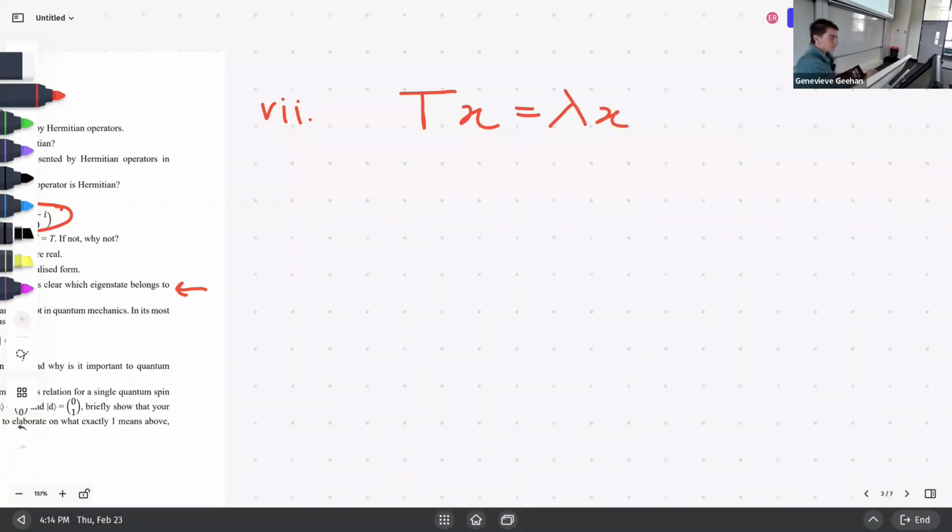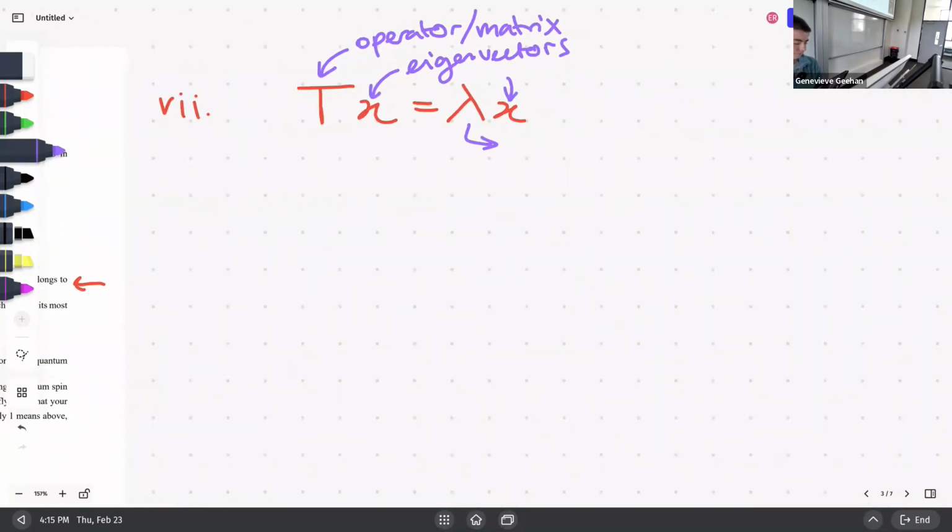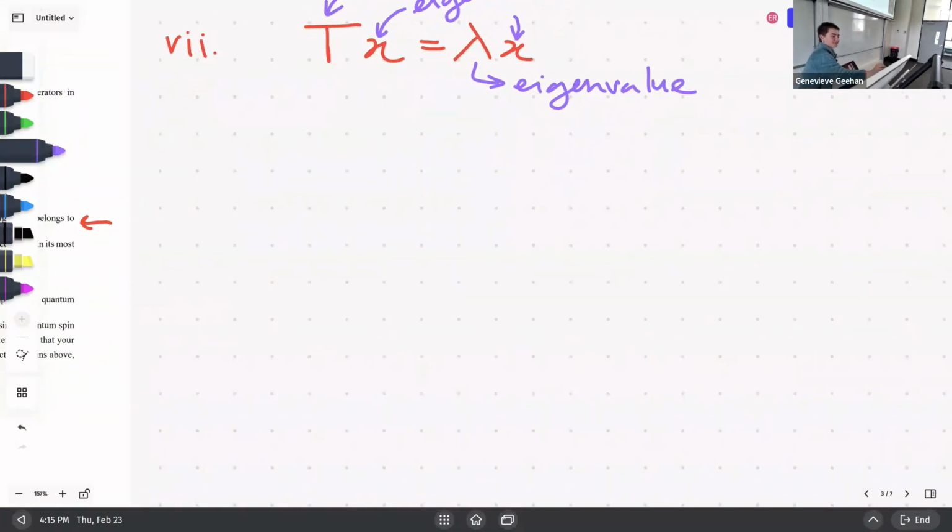So this is our operator or matrix. These are our eigenvectors. Sometimes it's good to just have this picture in your head so you don't get confused when you're doing the math. This is our eigenvalue. By the way, I can't spell, so forgive me if I spell things wrong.